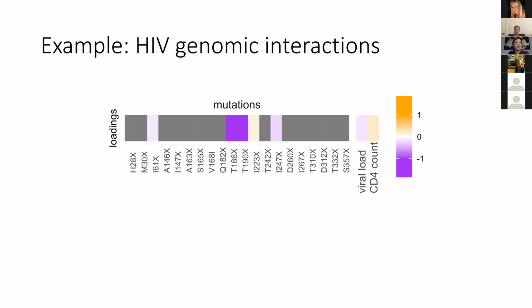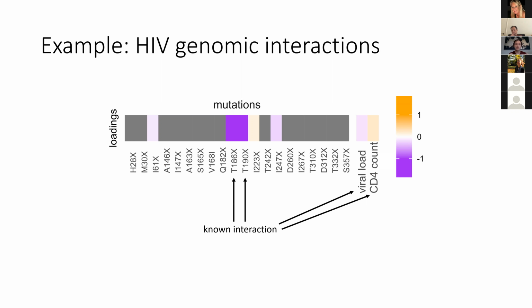So moving on, again, super preliminary work we're doing as well is you can actually treat individual mutations as phenotypes of interest. So you can map these binary 0-1 mutations to some continuous space. And you can actually look for interactions between genes themselves, as well as between those genes and quantities of clinical interest or other interest. And so with this HIV data, we looked at 20 mutations, ran a factor analysis on it, and one of the factors we identified showed a very strong interaction between this T186 mutation and that T190 mutation.